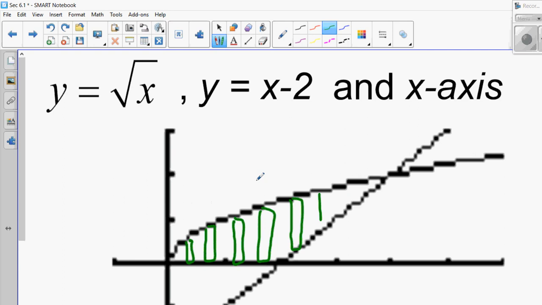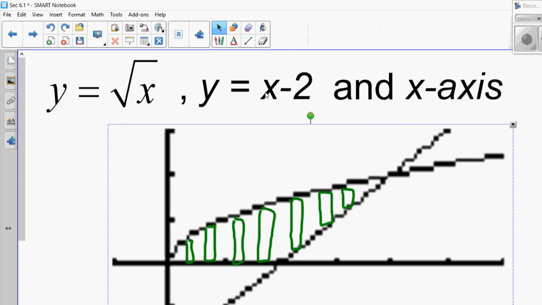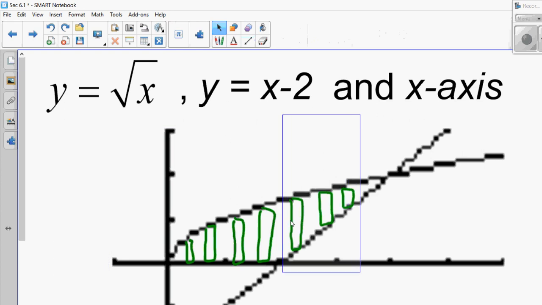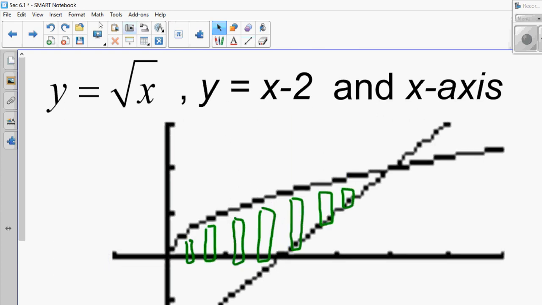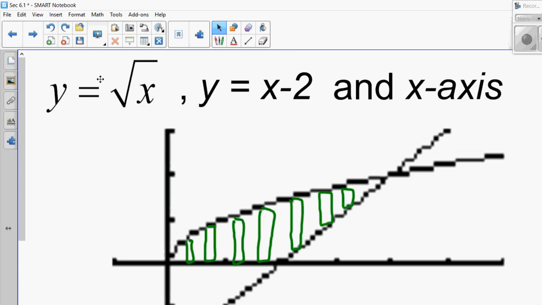And you notice, if I draw my rectangles, I can see that these last couple rectangles over here are different. They don't go to the x-axis. So what I need to do is split this up into multiple integrals.